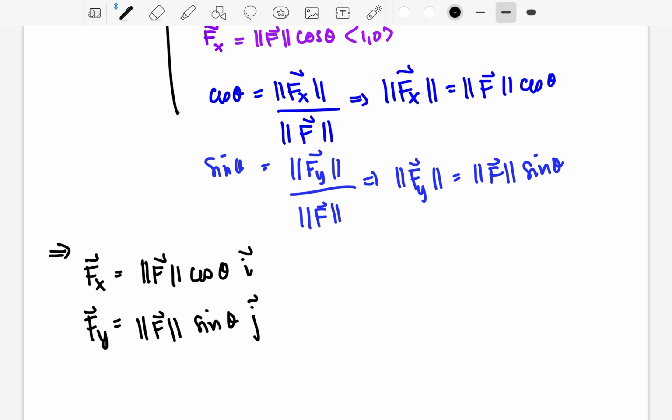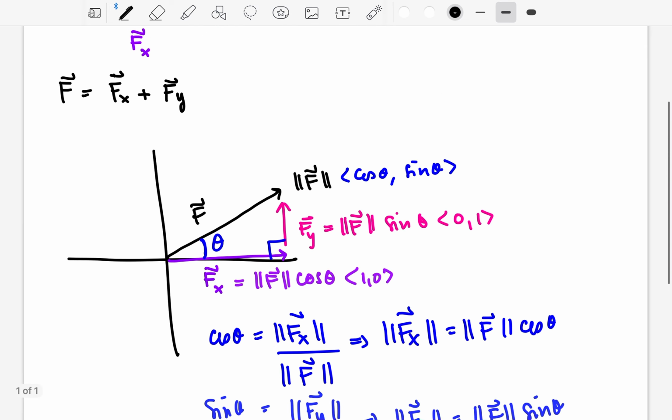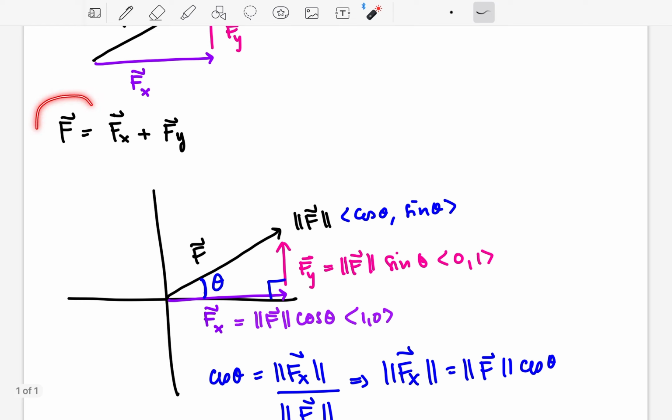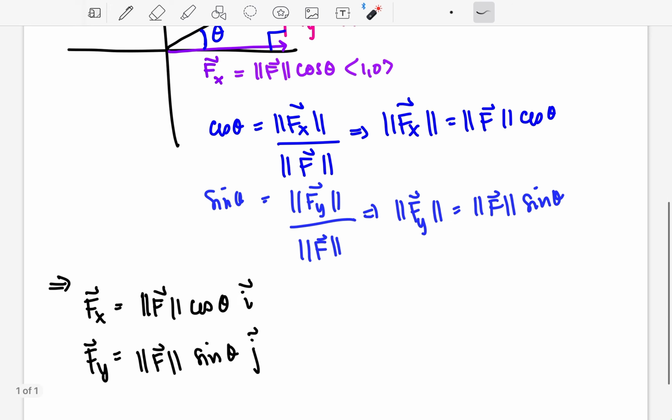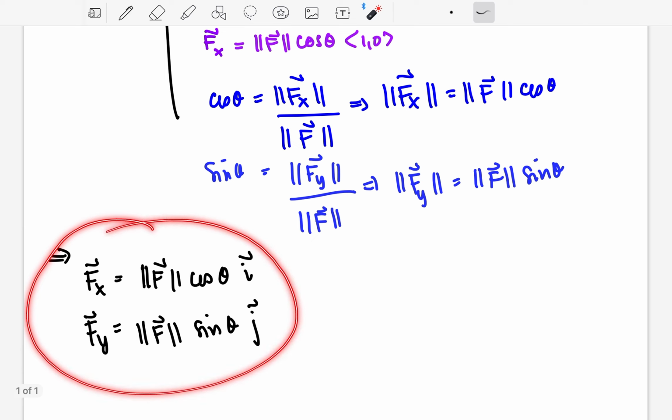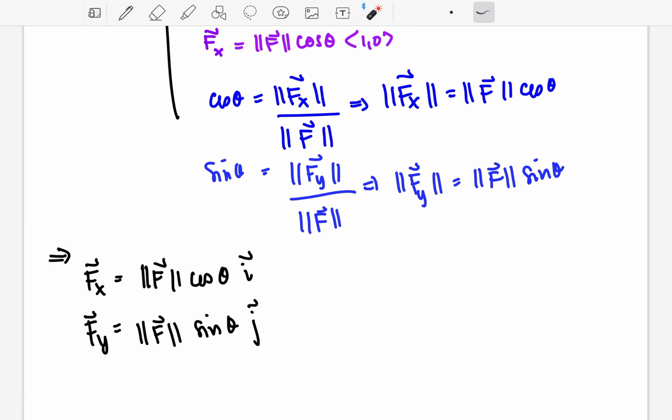And that brings me back to the fact that my vector F is equal to the horizontal component of the force plus the vertical component of the force, and this is how you can find them, and this is why they are defined like this, okay? All right, I hope it makes sense.